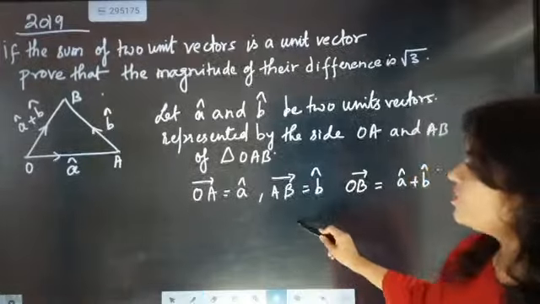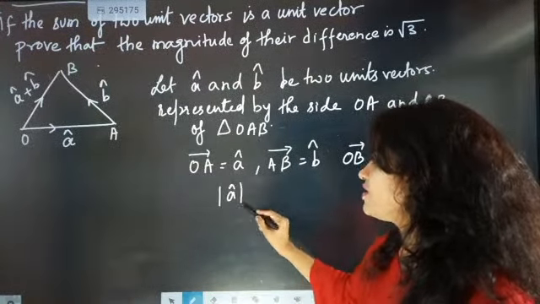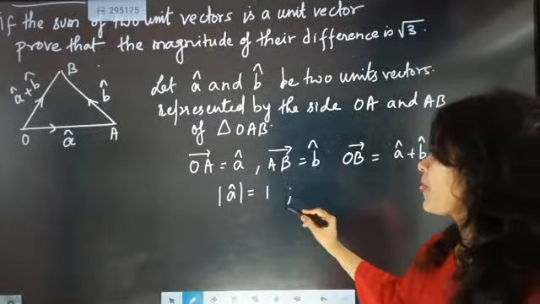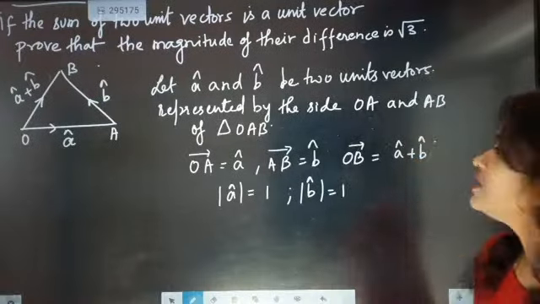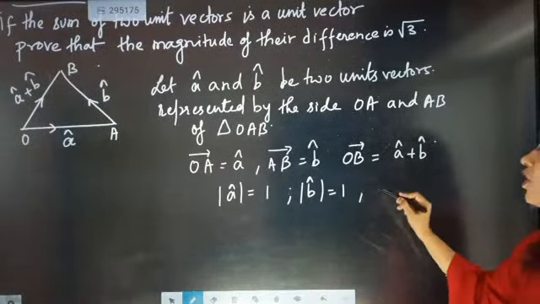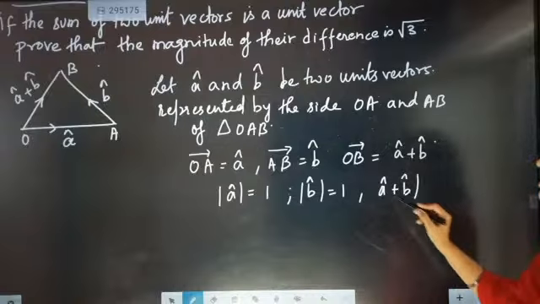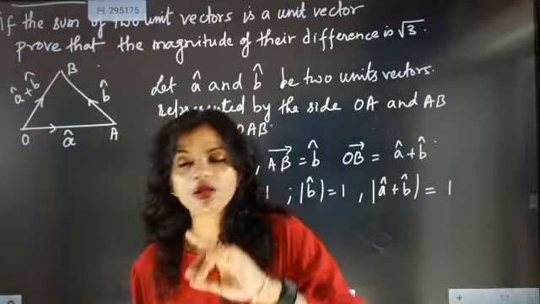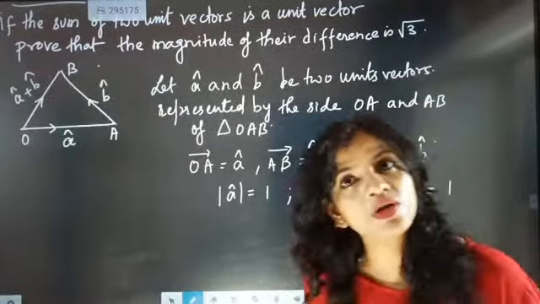So the first work is to find the magnitude of the A unit vector, which will come as 1. The magnitude of the B unit vector is also 1. The magnitude of the A unit vector plus B unit vector will also come as 1, since the sum of two unit vectors is also a unit vector.